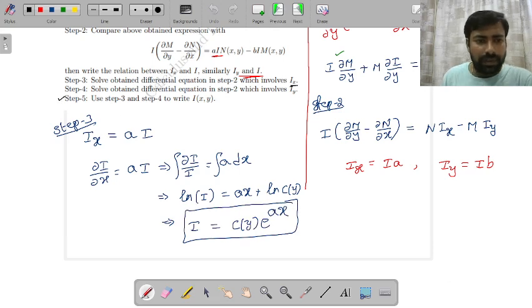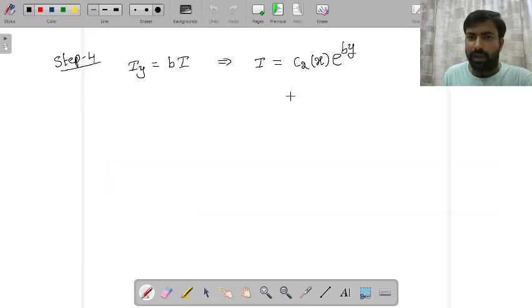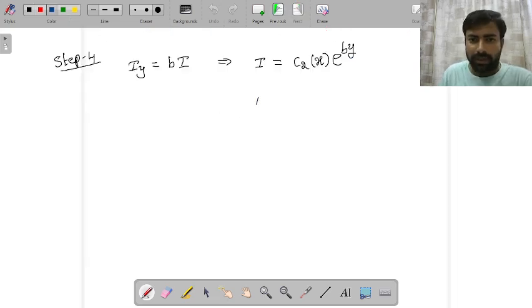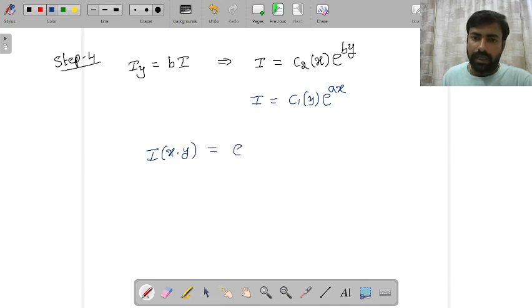So now step 5, use step 3 and step 4 to write I of x comma y. Okay. So in step 3 I got I is this, and in step 4, this is what I got. So let me write the I which is obtained in step 3. So I equal to c1 of y into e power ax. So by observing these two, definitely we can guess that I of x comma y must be e power ax.